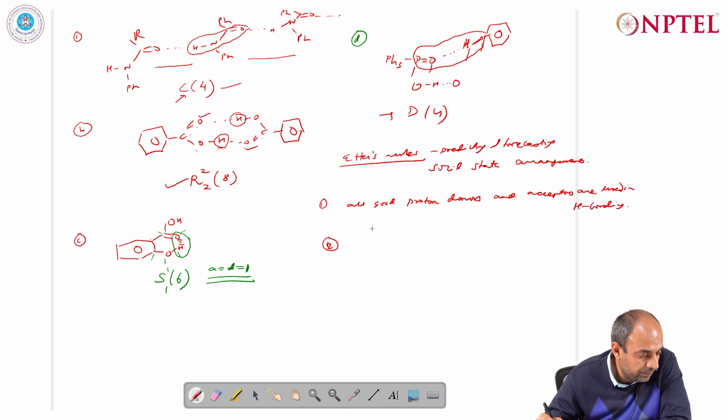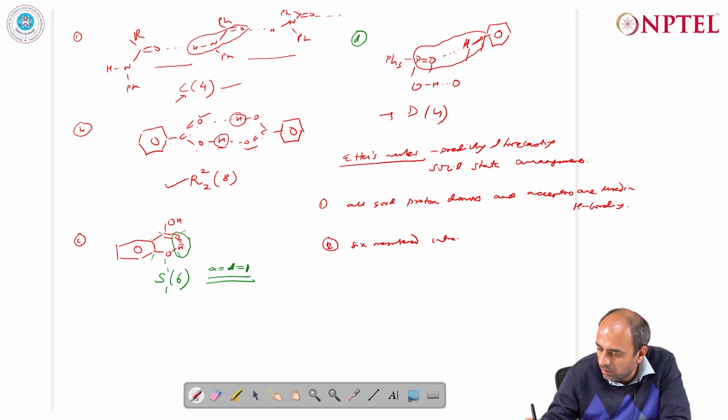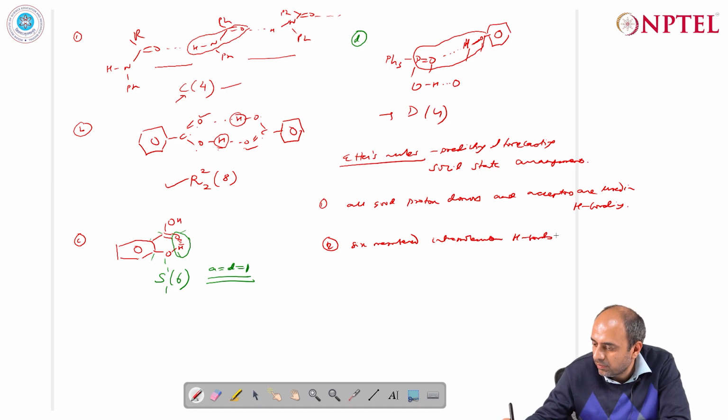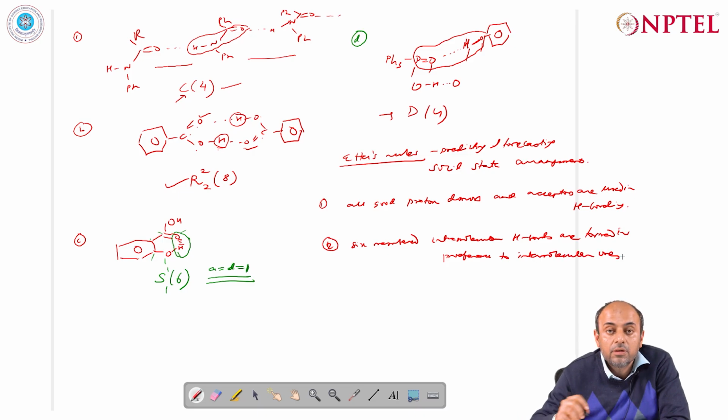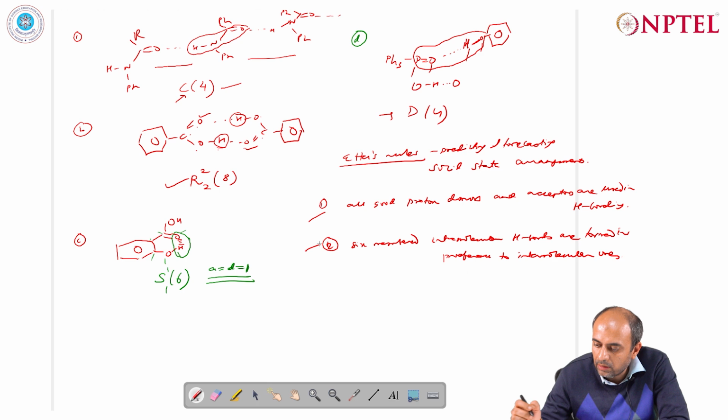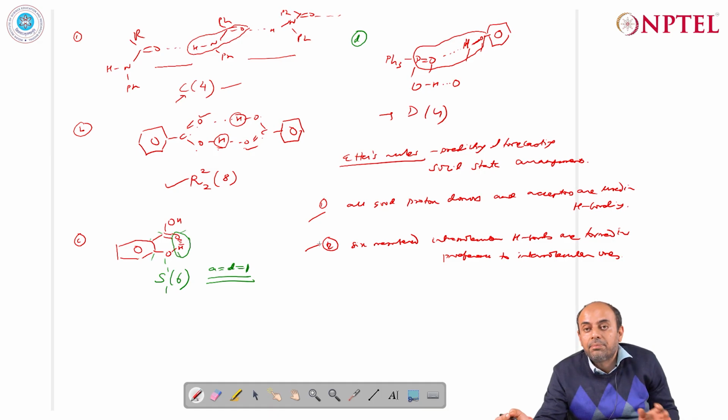And number 2, 6-membered intramolecular hydrogen bonds are formed in preference to intermolecular ones. So these two are the fundamental rules on which solid state arrangements can be predicted.